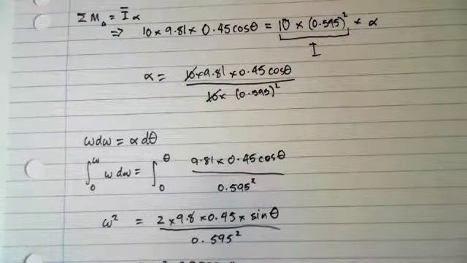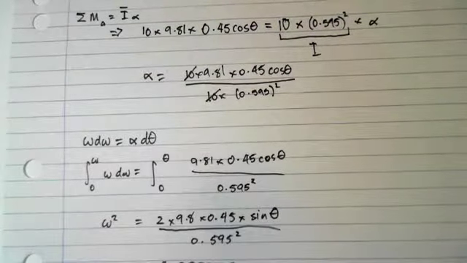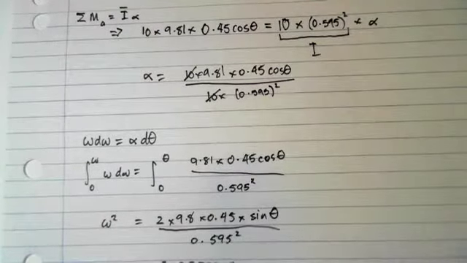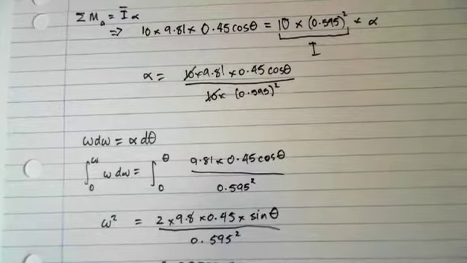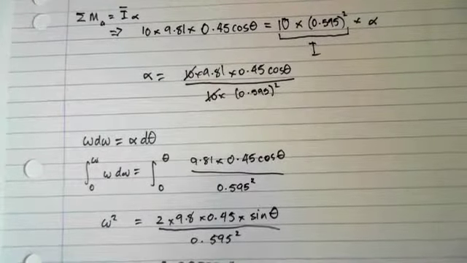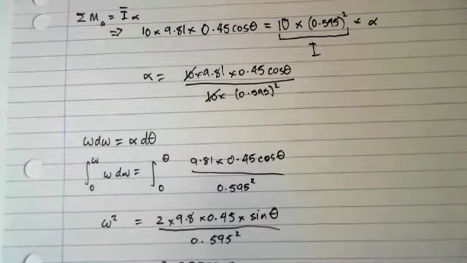Alright, now I'm going to do the equation of motion for the tangential component of force. So sum of the forces in the tangential is equal to m, radius to the center of mass times alpha, and we could just substitute our values straight in.